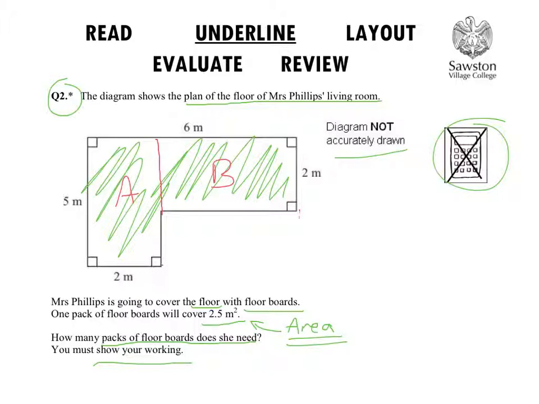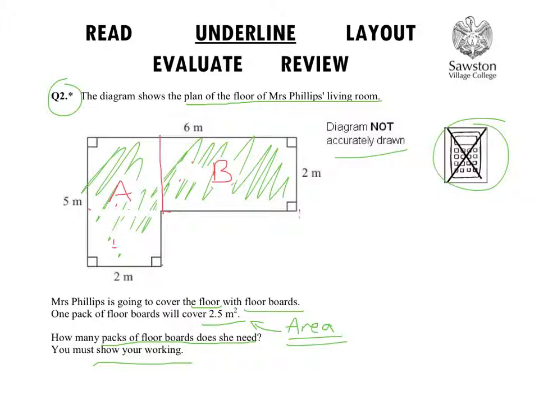Or, alternatively, you could work out 2 different rectangles, A and B. It doesn't matter which you choose, you'll get to the same answer. Personally, I would choose this one here. The reason being that A is relatively simple to work out, and I only need to work out one extra length to work out B. But you'll get to the same answer whichever you use.